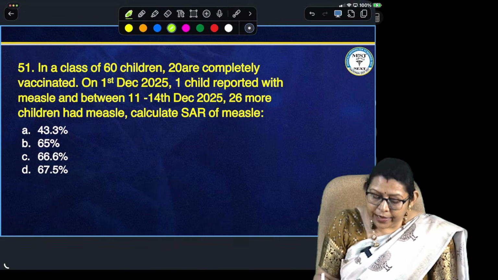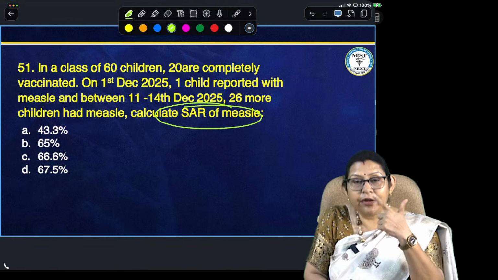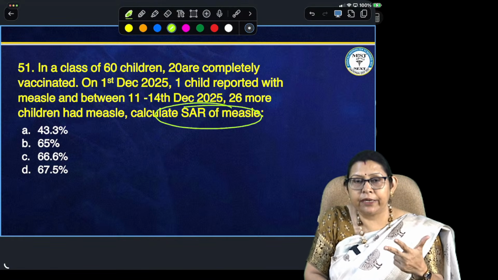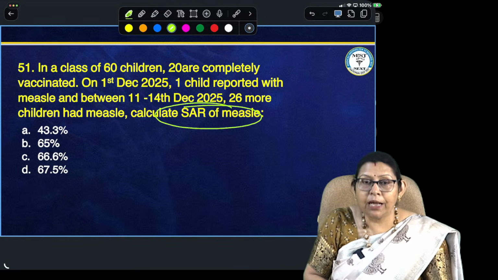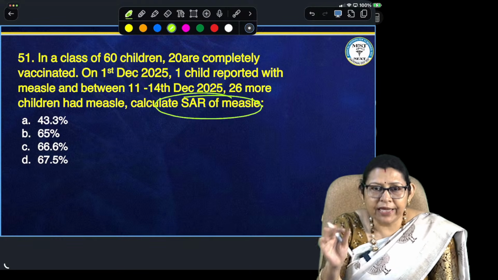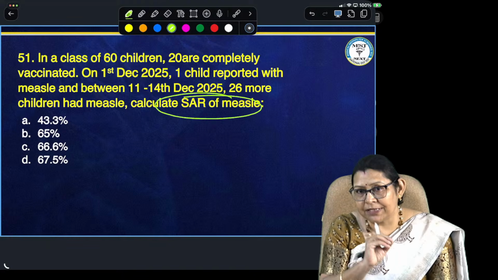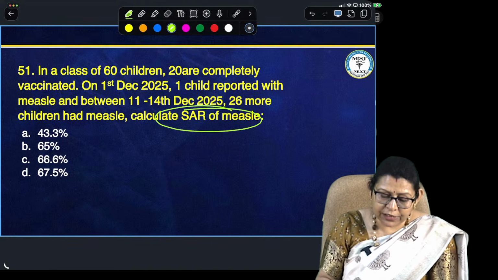Calculate secondary attack rate. Okay, so case fatality rate, secondary attack rate, proportional mortality rate, very commonly asked question. यहाँ पे formula is very important. Secondary attack rate means secondary cases divided by susceptibles. ठीक है, and this is an important catch.